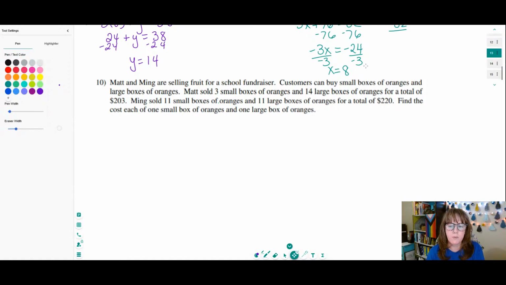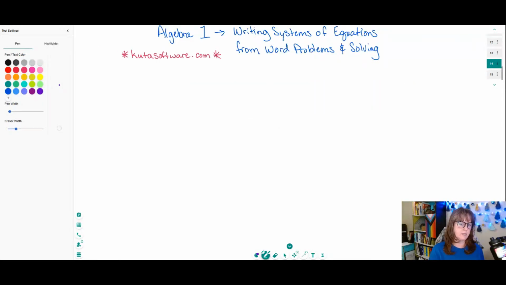We've got small boxes of oranges and large boxes of oranges. We have 2 different sizes of oranges, and in the end here, it says find the cost of each of one small box and one large box. So it's very similar to the ticket prices. So let's go down and try this one instead, just to give you as much variety as possible here.